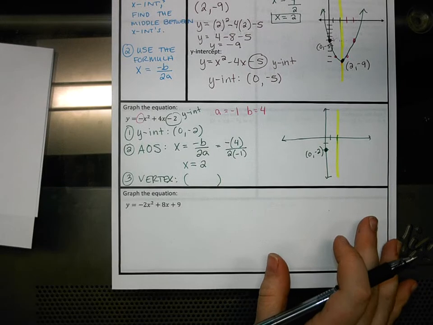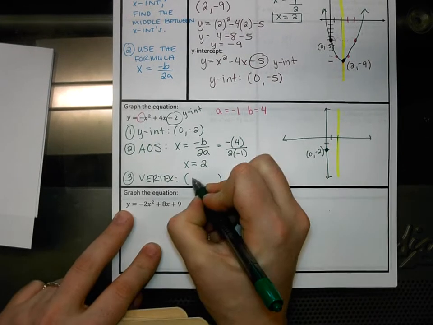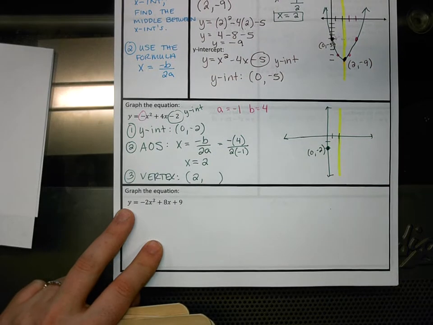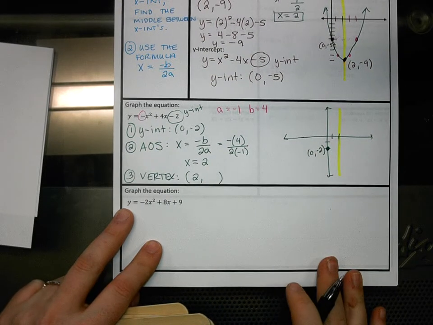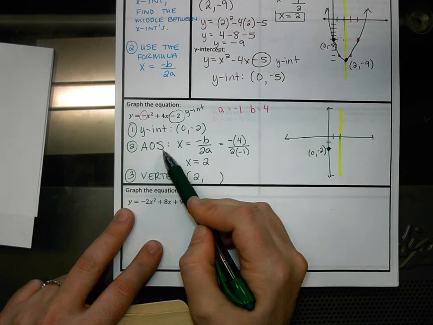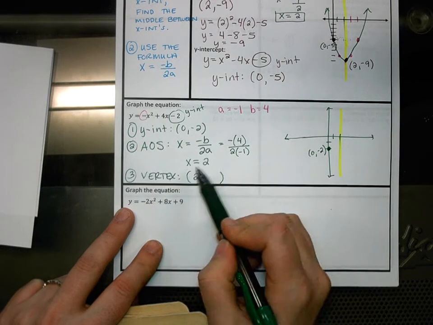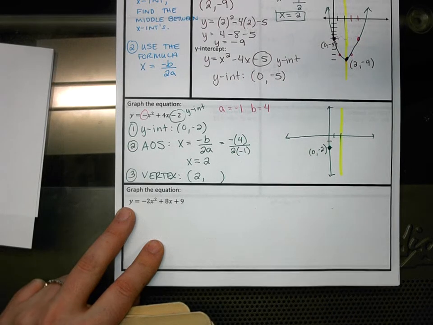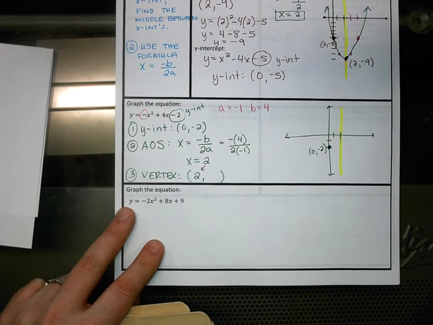Not negative 2. How did you get the 2? The same as what? What does this stand for? Axis of symmetry. So that's going to be the same. We're going to use that value for your vertex.